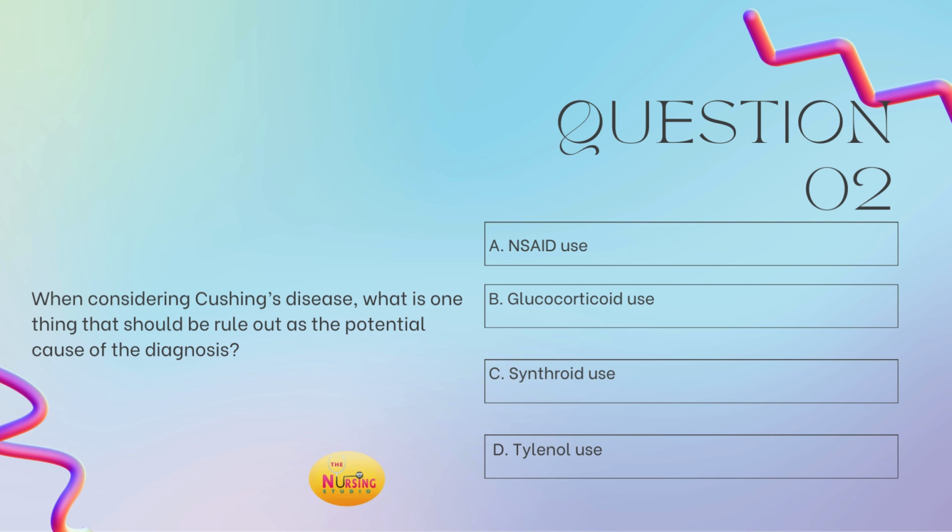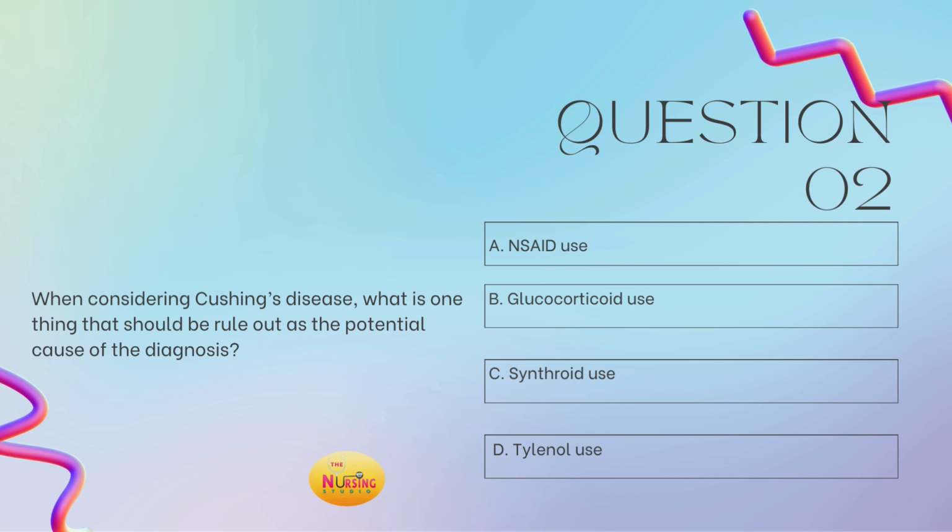All right, so here, the stem of the question states, when considering Cushing's disease, what is one thing that should be ruled out as the potential cause of diagnosis? So what should you rule out with Cushing's disease? If somebody presents just like our patient in the last question, with the purple striae, round face, humpback, you're thinking Cushing's disease, but you need to start to think of the source so you can know how to treat, right?